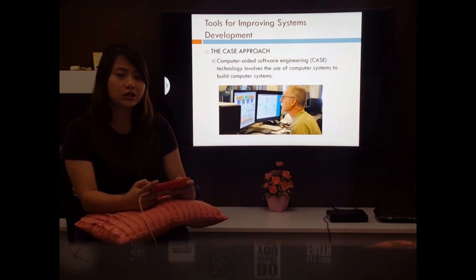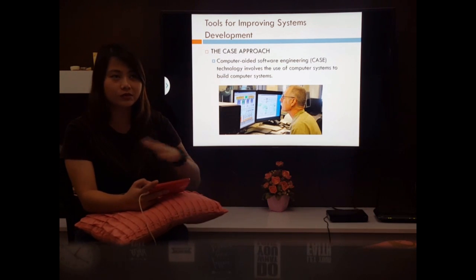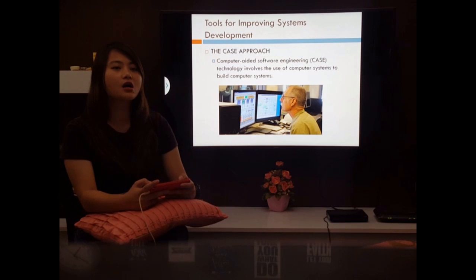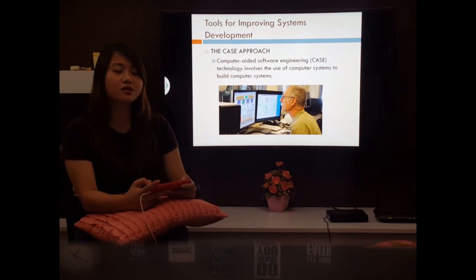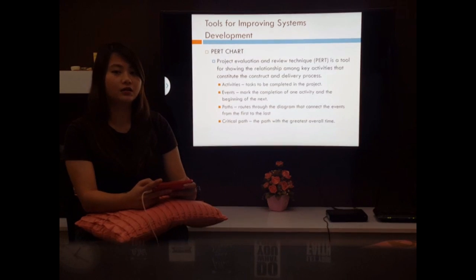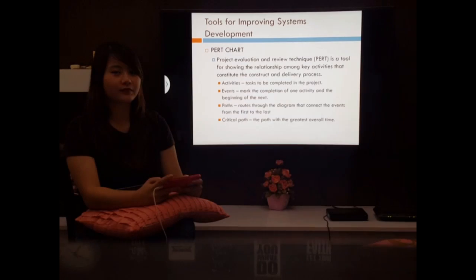This methodology was developed to increase the productivity of systems designers, to improve the systems development cycle, and to expedite the SDLC.